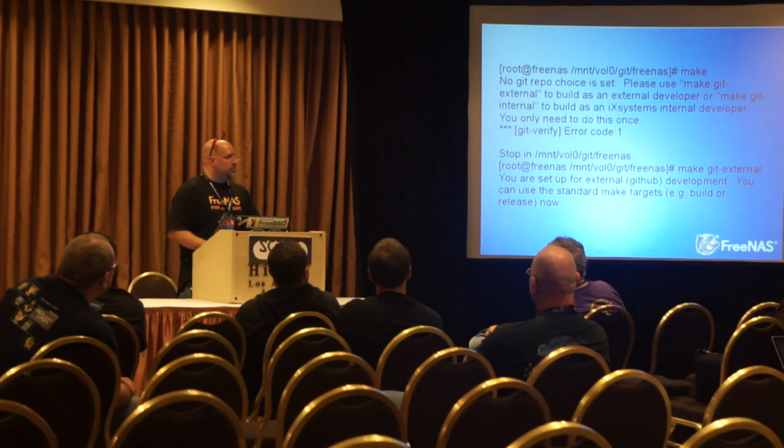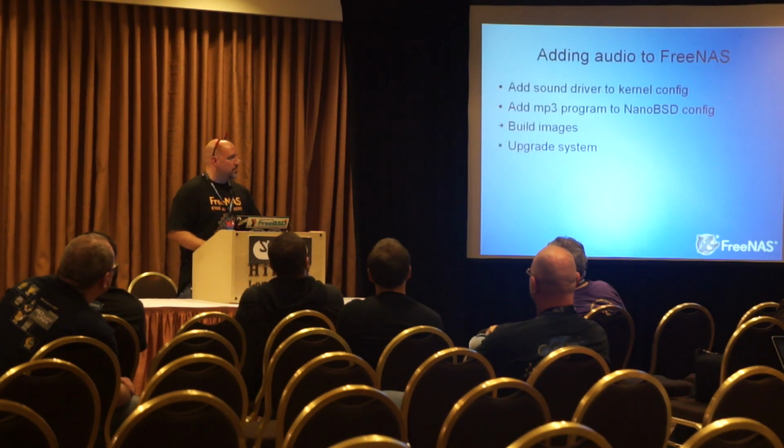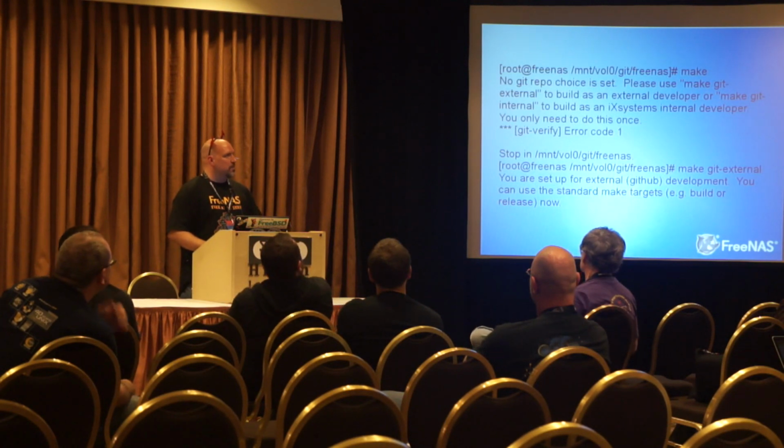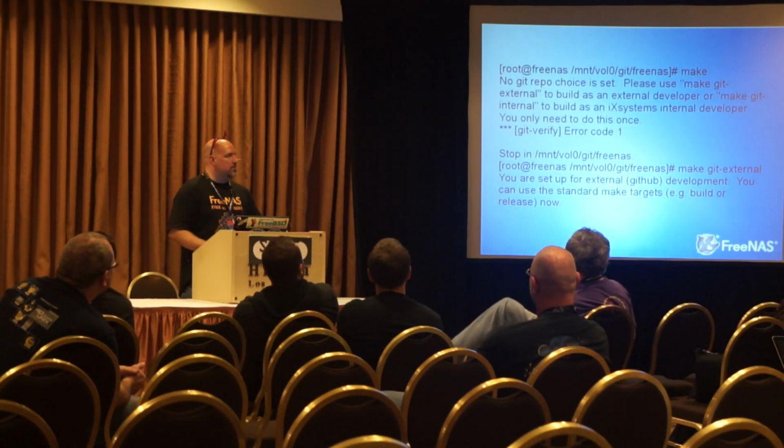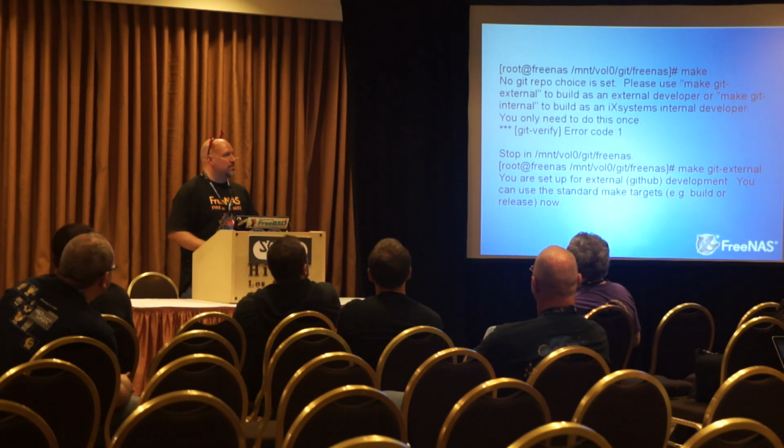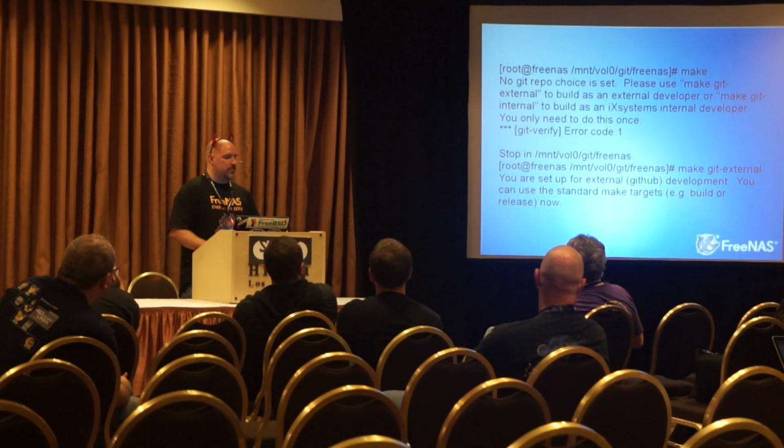So back here. To build a FreeNAS image, when you have the source code, I'm only showing this because this is the first hurdle you'll run into. You'll go into the source code repository, the code that you just checked out, you'll type make, and it's going to fail immediately. You have to tell it if this is internal or external. All that says is, if you're internal, you're checking out the code from an internal ISMIR.